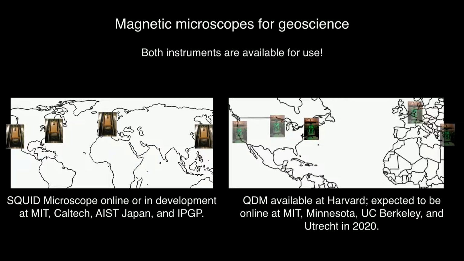So there's a working unit at Harvard, but MIT, Minnesota, UC Berkeley, and Utrecht all are in the process of building. So hopefully in a year they should all be working. And then there's another one at the Hebrew University, although that one has somewhat different specifications. So if you are interested in using these instruments, you can talk to these different institutions.